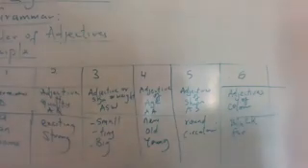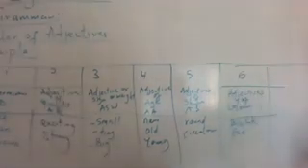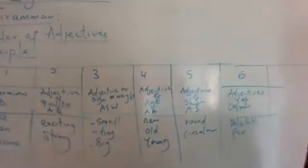The next thing we're looking at is adjective of nationality. Is it Nigerian? Is it Igbo? Is it Yoruba? Is it American like I am?